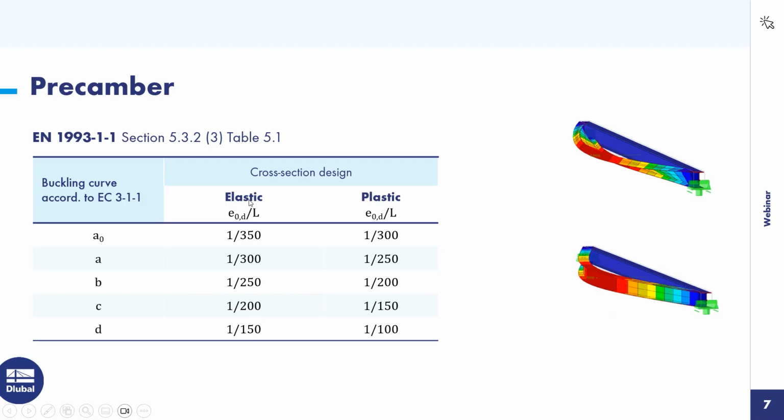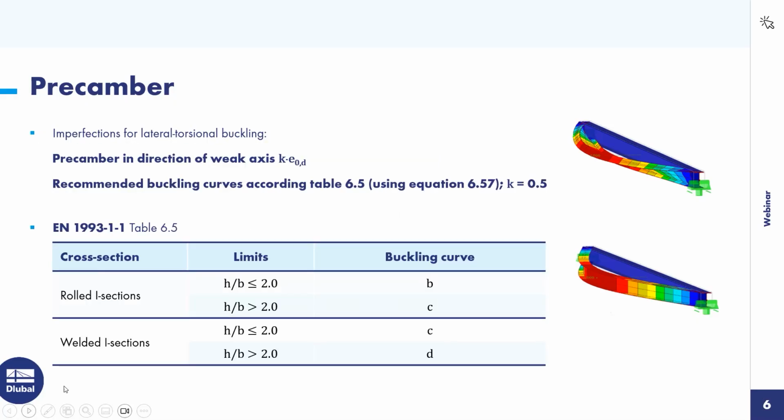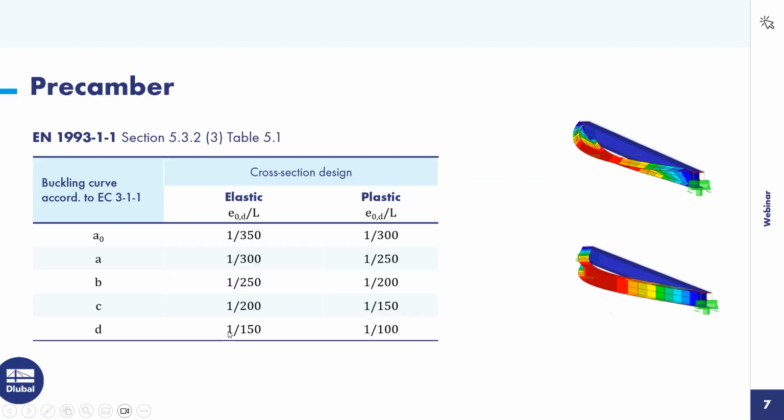The elastic design will be done in the warping torsion analysis. That's why we need to use this value, but you can see the key value is 0.5. That's why we apply 1 divided by 300.